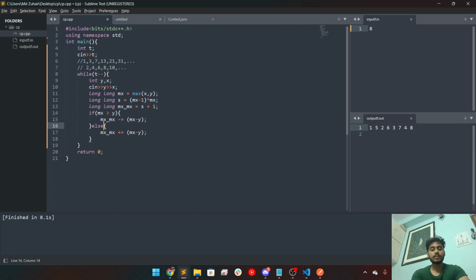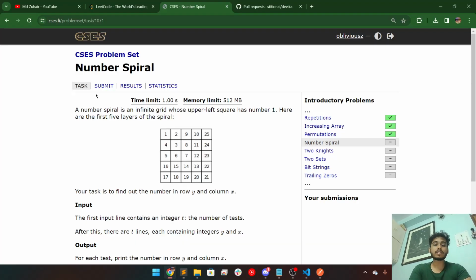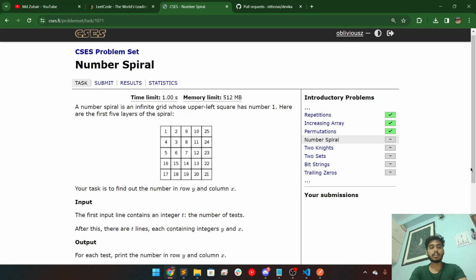Mx will be greater than either of these or it will be equal. In the case of equal, we won't need to care about that. We just print mx minus mx underscore mx of this page.